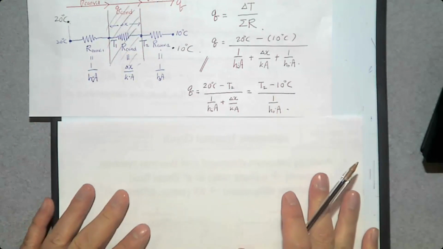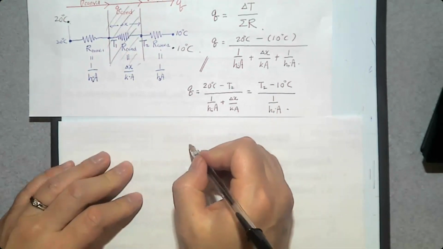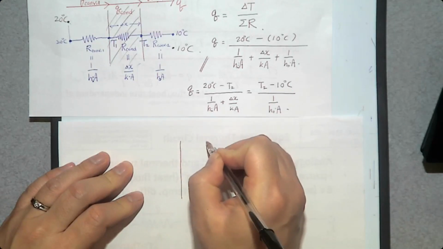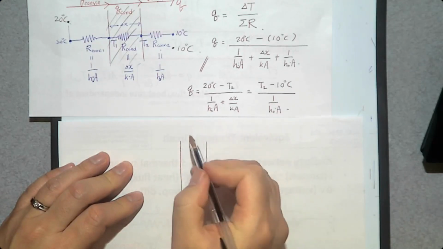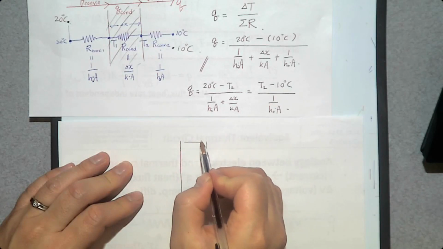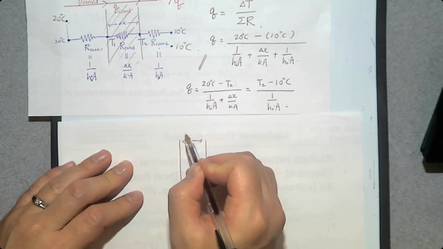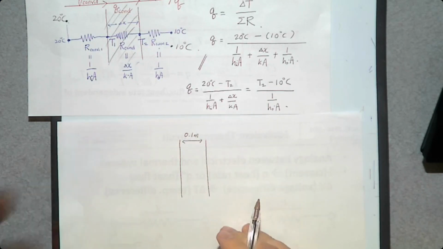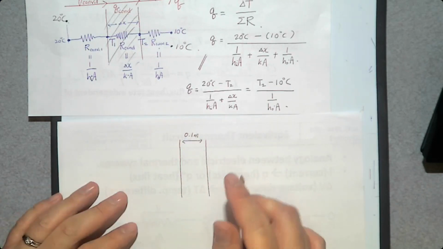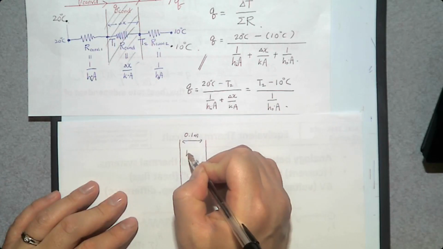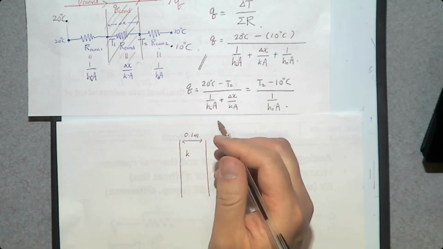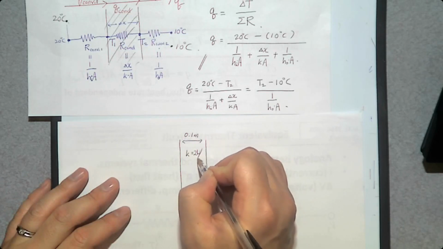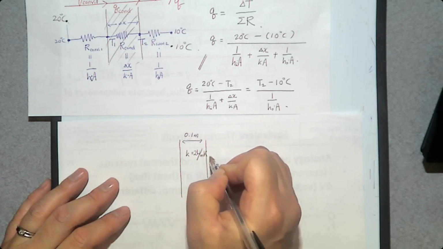So, this time, I'm going to design a building whose wall has, let's say, a thickness of 10 centimeters, 0.1 meter, whose thermal conductivity K is going to be some number. So let's say K is maybe 2 watt per meter Kelvin.